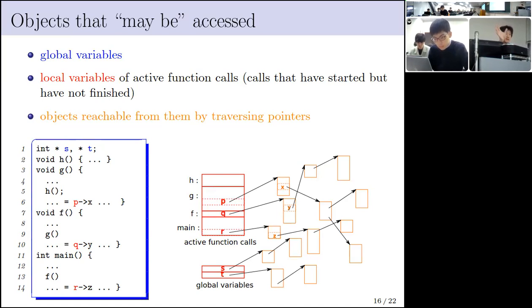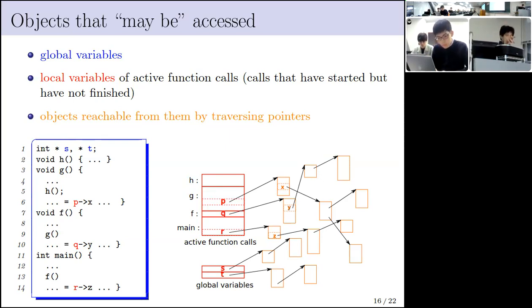But if the data structure itself has already gone, or the memory block has already been reclaimed, then you get into trouble, right? So the fundamental way the memory management could go wrong is this.